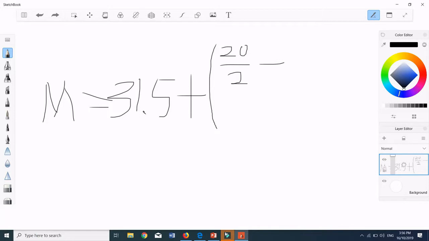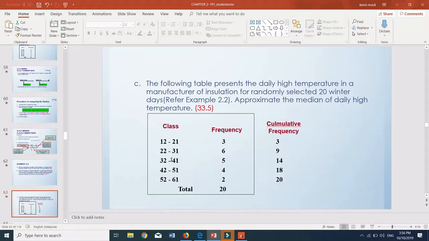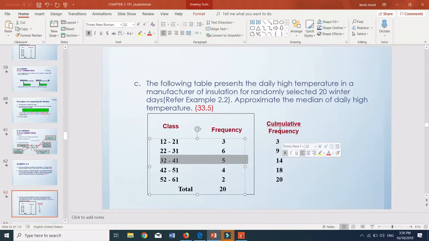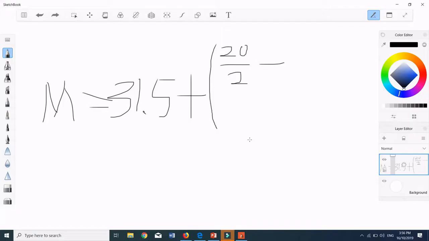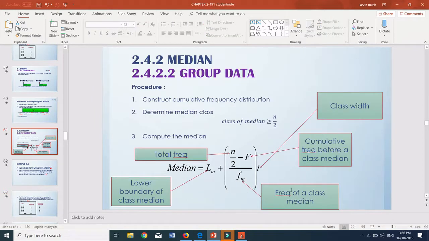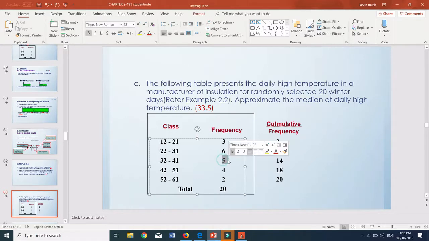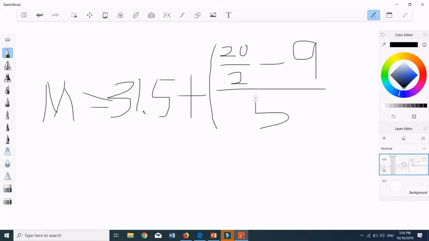So what is the cumulative frequency before the median class? This is the median class, and the cumulative frequency before it is 9. So minus 9, and you divide by the frequency of the median class. The frequency of the median class is 5. All right, divide by 5.